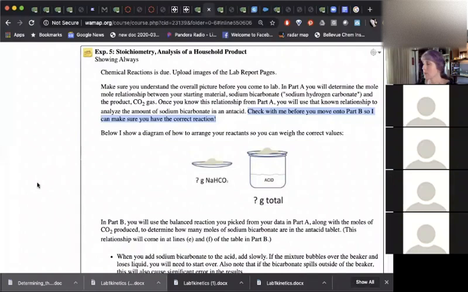Then I'm going to put the bicarbonate into the acid, and that reaction we just worked on is going to happen. We'll see fizzing. So that carbonic acid would form, except that it immediately decomposes. The carbon dioxide comes out of the reaction and escapes as a gas. Then we're going to weigh it again afterwards, and it should weigh less. The mass that we lost is due to the carbon dioxide.